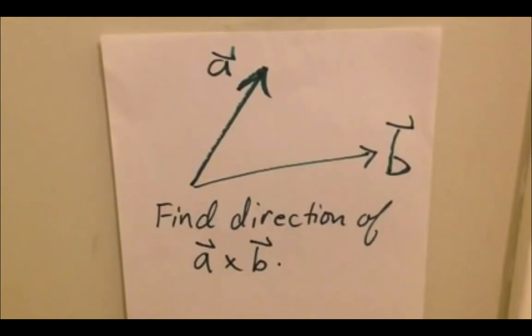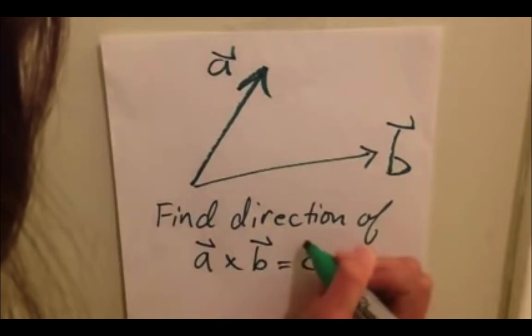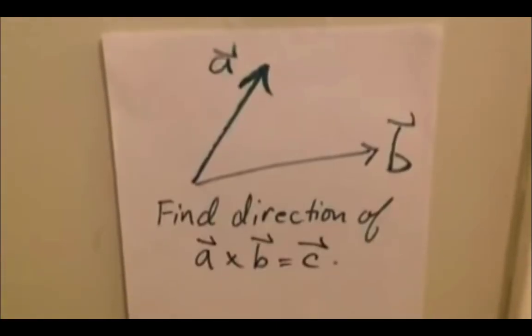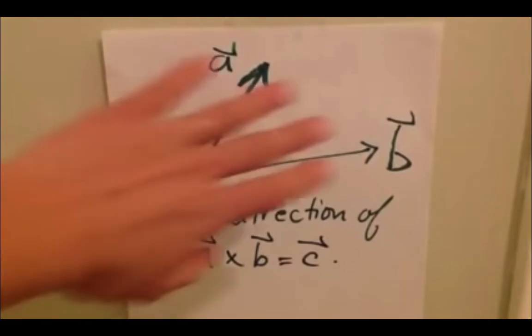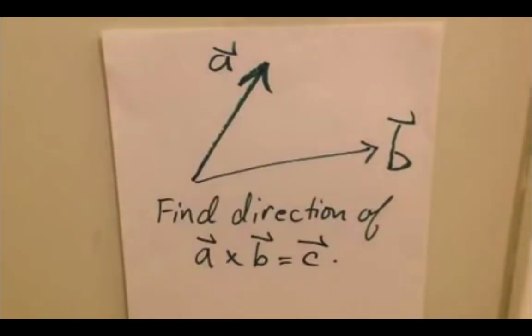And to do this, we're going to use the right-hand rule, but first we can use a little bit of logic. Whatever the direction of A cross B is, let's call that C, it has to be perpendicular to both A and B, or perpendicular to the plane of the page. Well, there are only two directions that could be, right?